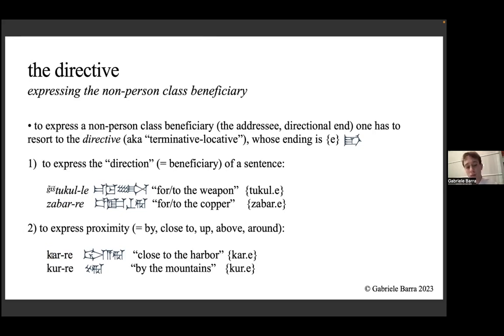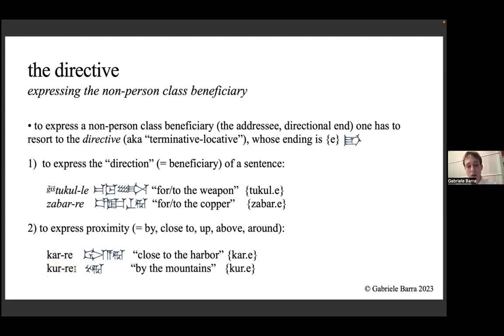So all those kinds of concepts of proximity, I guess. Yeah, I can't find a better word to describe it. So kar, which means port, harbor. Kar e, by the harbor, close to the harbor, on the harbor. Kur, which is mountain.